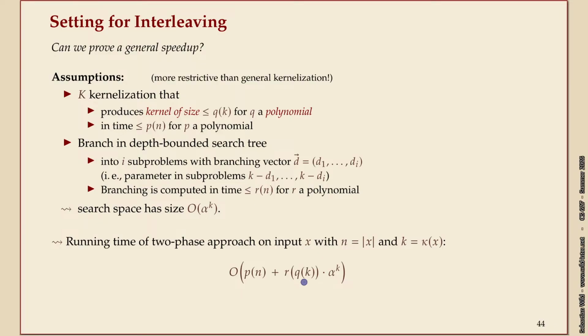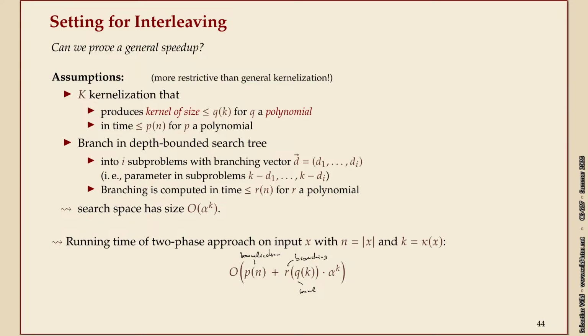So we have r of q of k, because q of k is now the problem size. And so that's for the kernelization. That's the size of the kernel. And this is for the branching. And then we have this for each recursive call in the worst case.